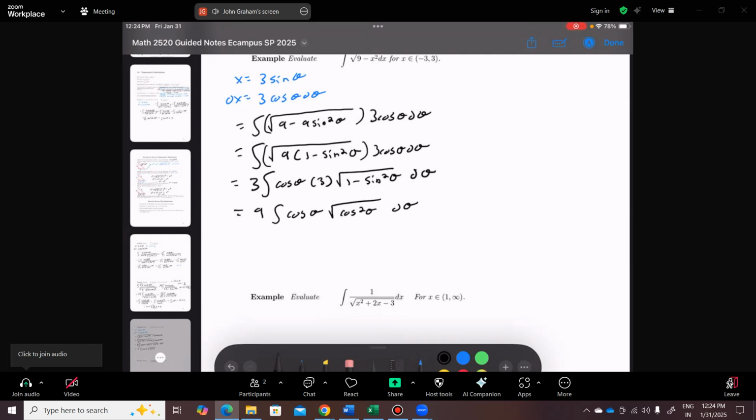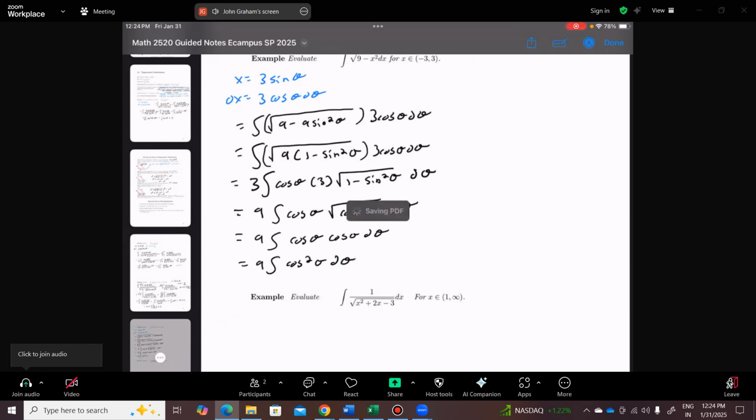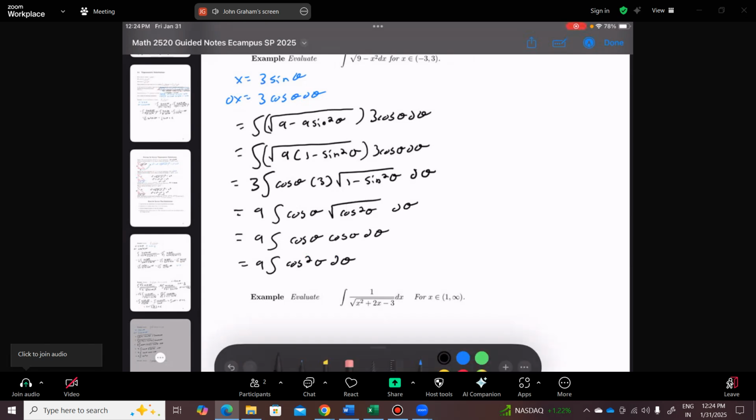Take the square root, get 9 cosine squared theta d theta. Now we've got to do the integral. And for this, we can look up the integral we've done for it before. It ends up being, well, let me see if I have.